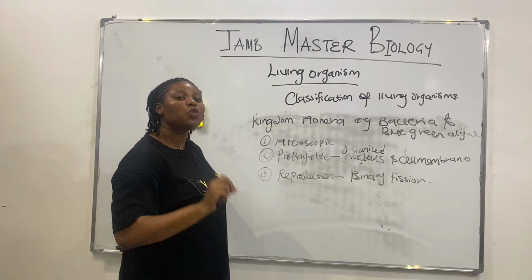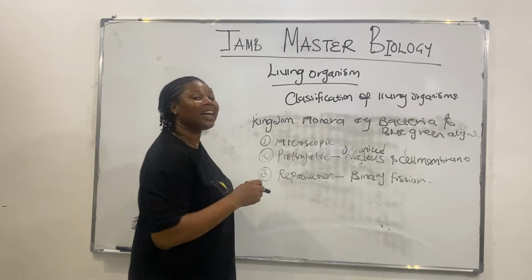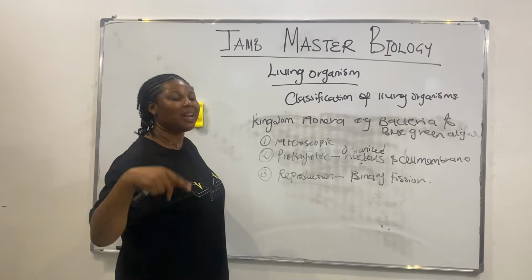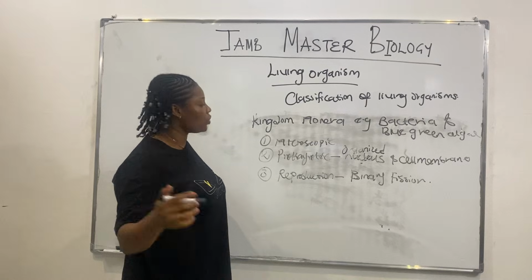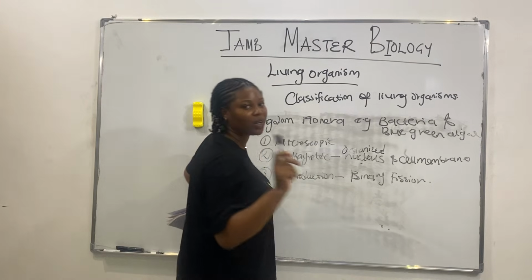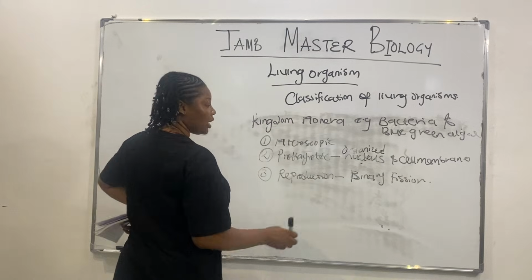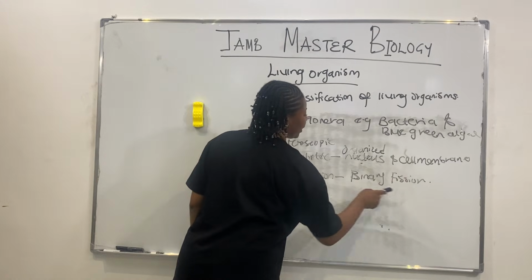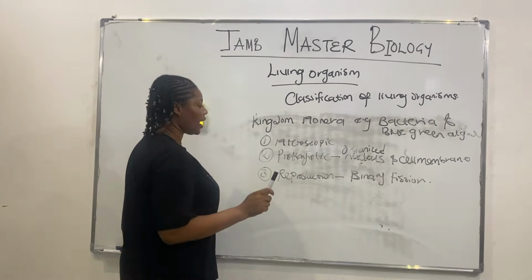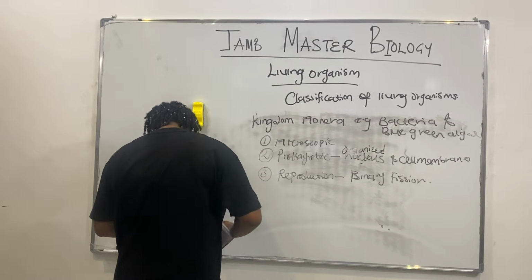So the method in which these bacteria or blue-green algae can give you two daughter cells or multiply themselves to produce more offspring is through asexual reproduction, called binary what? Fission. Sorry, it's binary fission, not fusion. Binary fission, F-I-S-S-I-O-N.